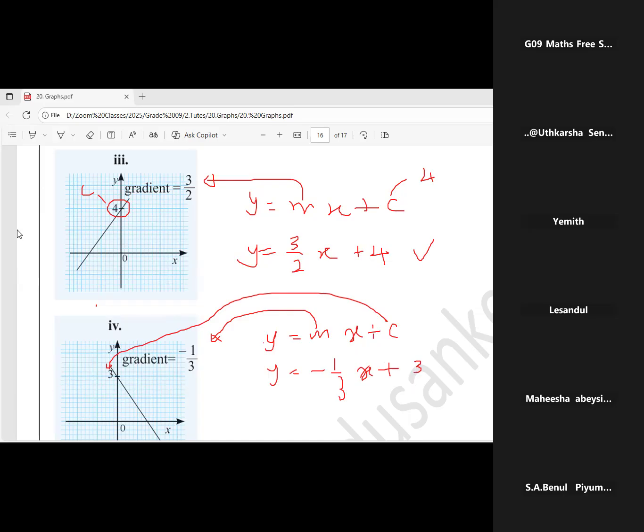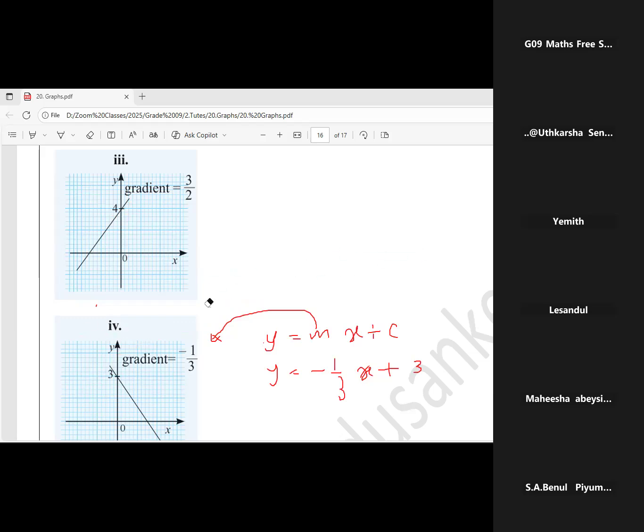Right? You have to identify the pattern. Right? Okay.